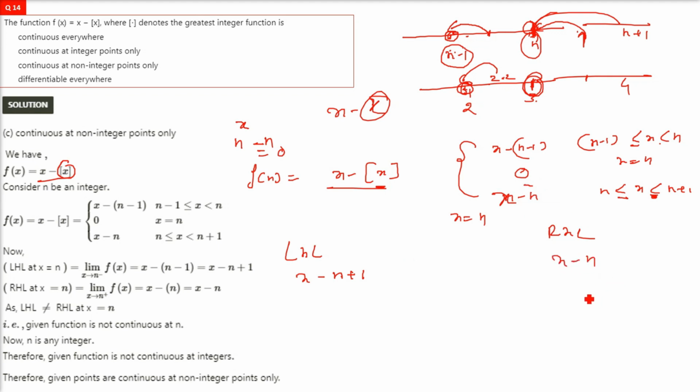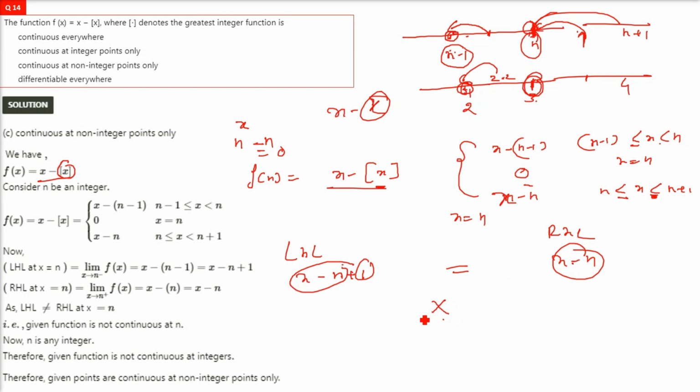So applying the limit x tends to n, on the left you will get n minus n plus 1, that is 1. On the right you will get n minus n, that is 0. LHL is giving you 1, RHL is giving you 0, that is not equal. So this function is not continuous.